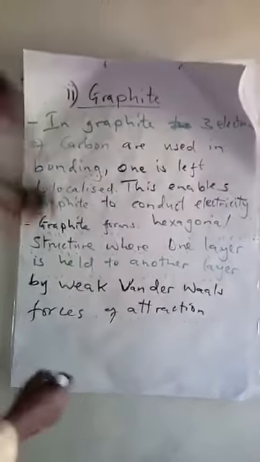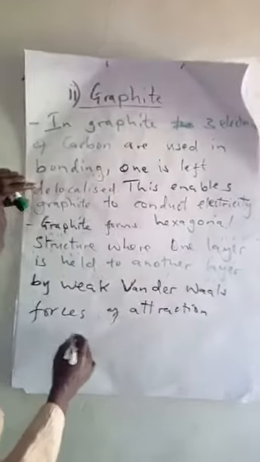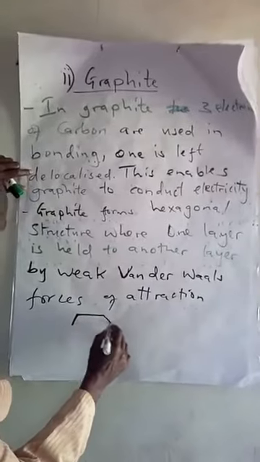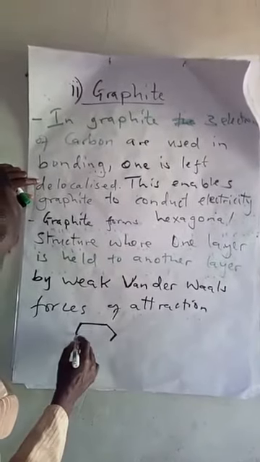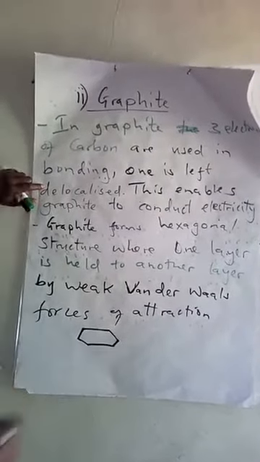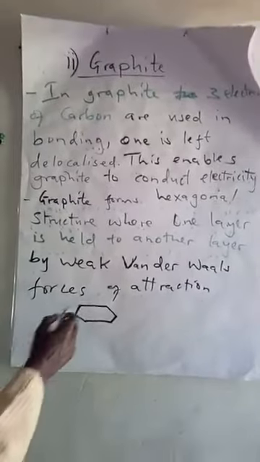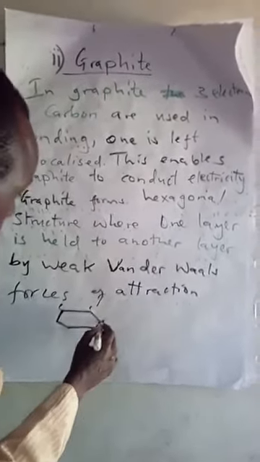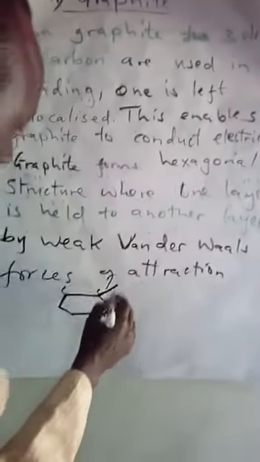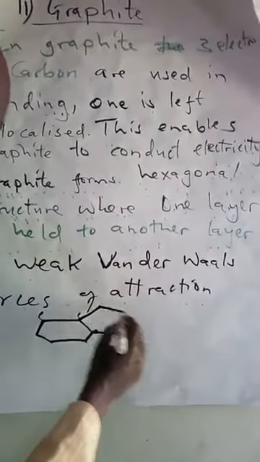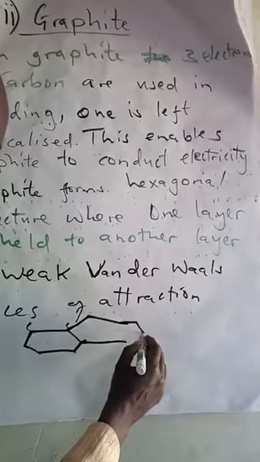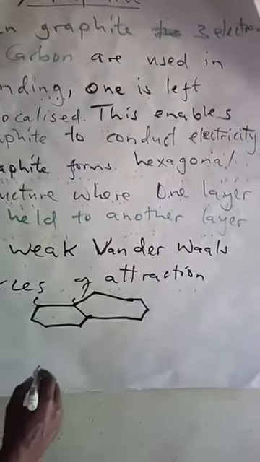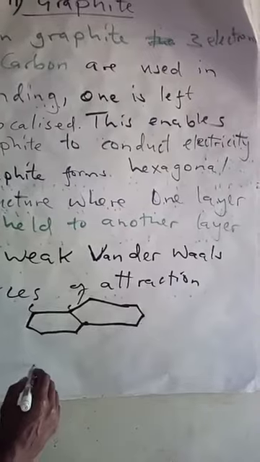Maybe just a simple illustration. This is hexagonal, so we have one carbon here, carbon, like that. We have another layer down here, just a rough sketch of it.